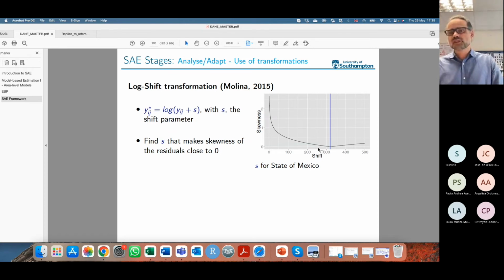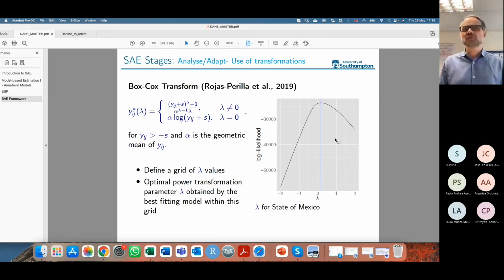So you see here, for the data in the state of Mexico, a value close to, say, 300 makes the skewness of the residuals close to 0. That's one way of doing it. The other way is to use a more data-driven approach to selecting the transformation parameter.